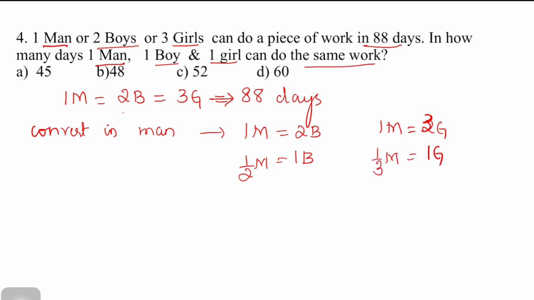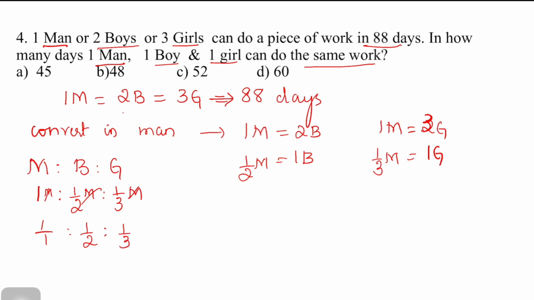So I can establish the ratio between man, boys and girls as 1 man is to 1 by 2 m is to 1 by 3 m. Everywhere m will get cancelled. So it is 1 by 1 is to 1 by 2 is to 1 by 3.